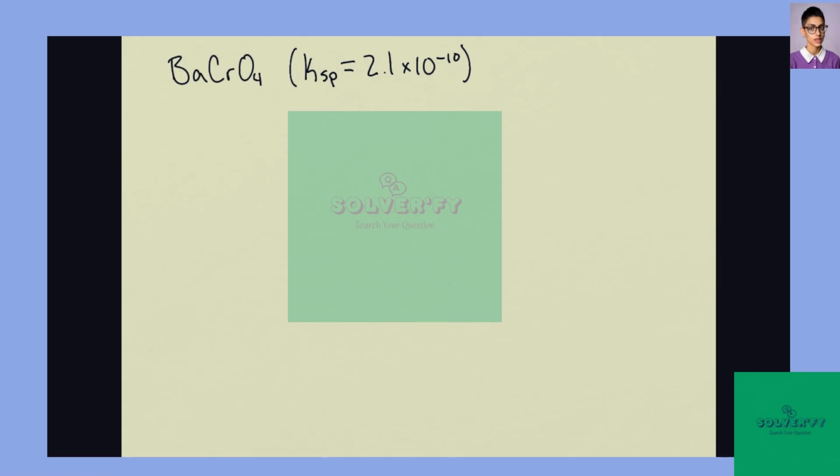The KSP of BaCrO4 is 2.1 times 10 to the negative 10th. In order to find the solubility, we have to start by writing out the equation for a saturated solution of BaCrO4.